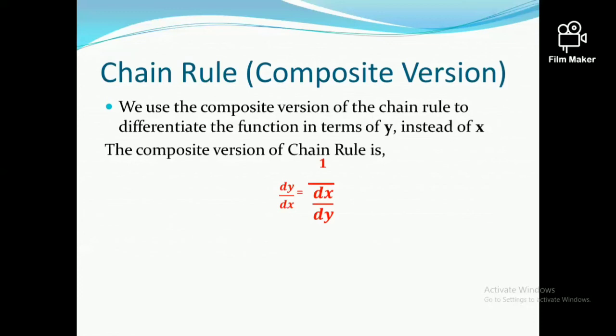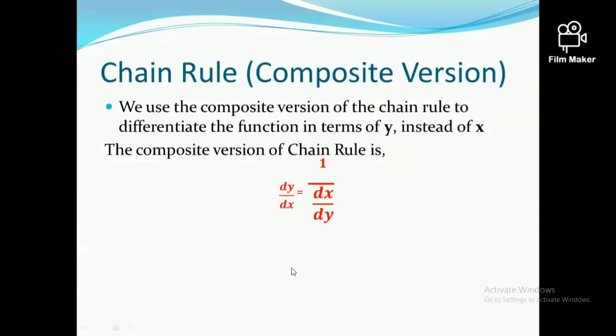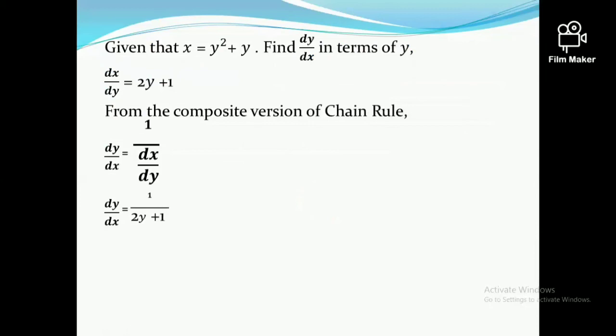In such a situation, if you want to find dy by dx, we use this composite version of the chain rule, right? Before we come up with that, you have to understand that we can write dy by dx as 1 over dx by dy. Let's see how to use this composite version of the chain rule for our calculations, right? They have given us x equals y squared plus y.